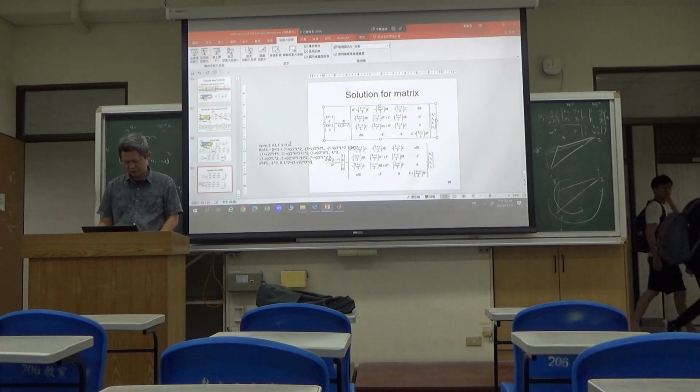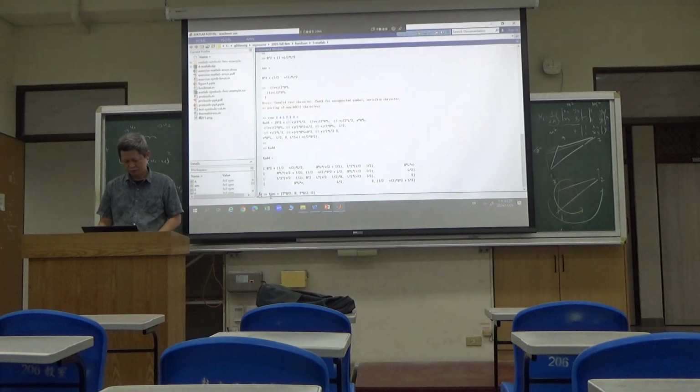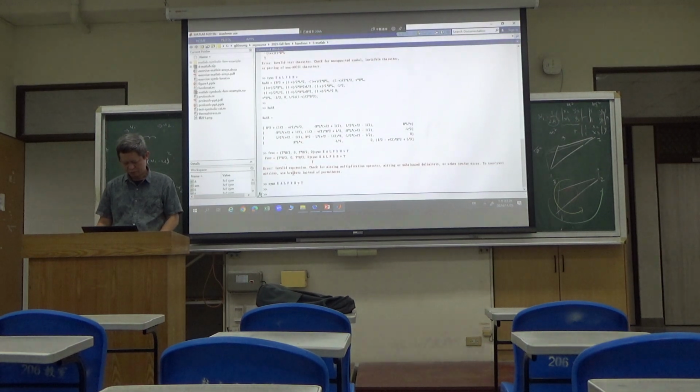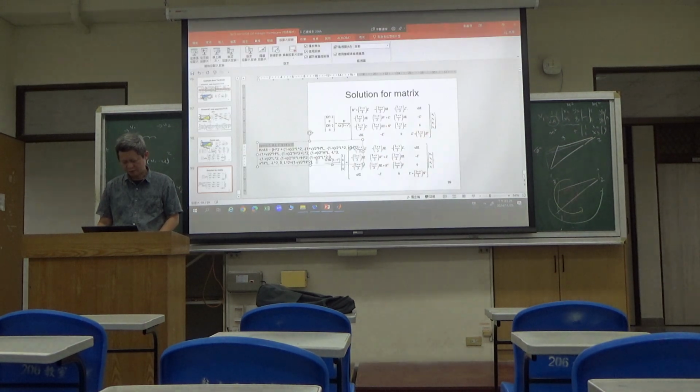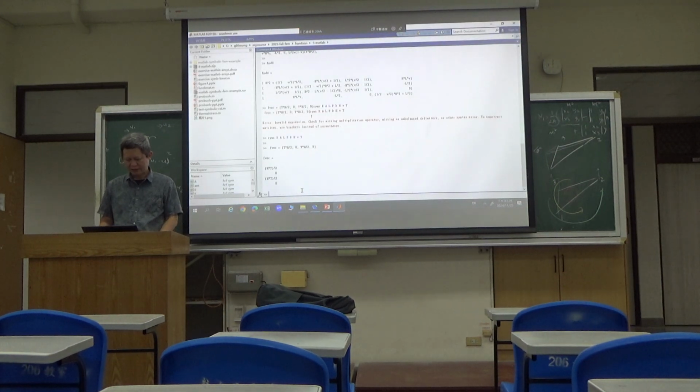In this case, we have to define the traction force. We have to define the force vector. And now we define the displacement vector from the force vector.